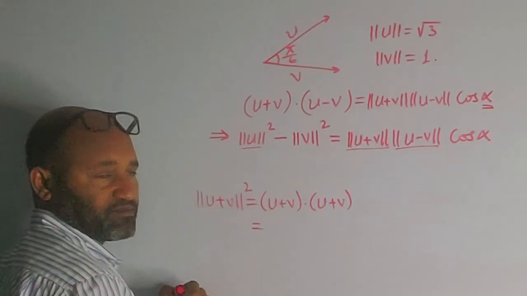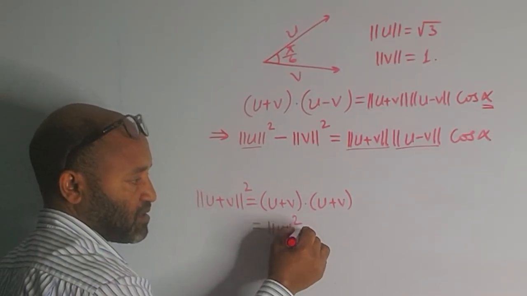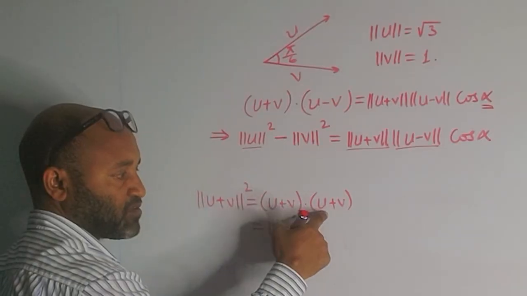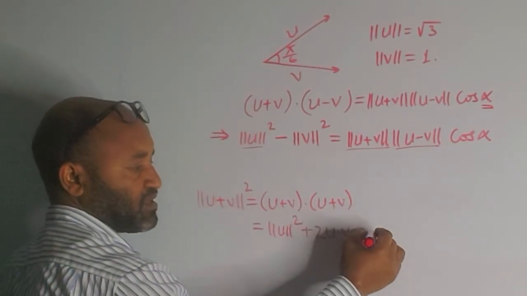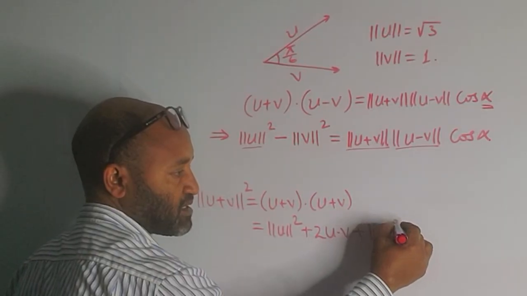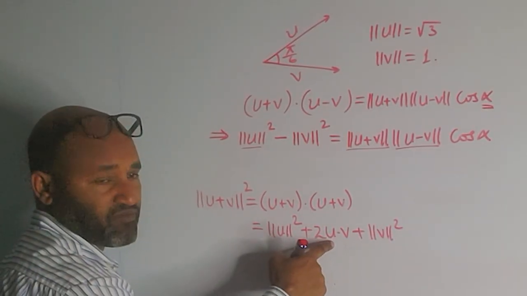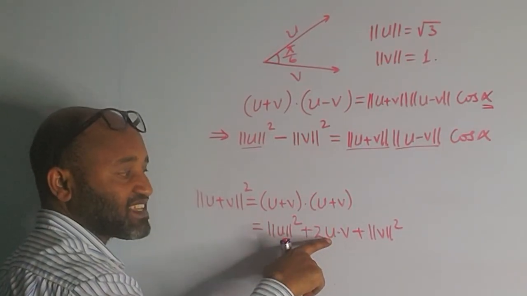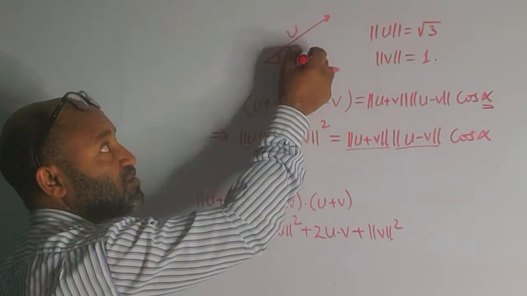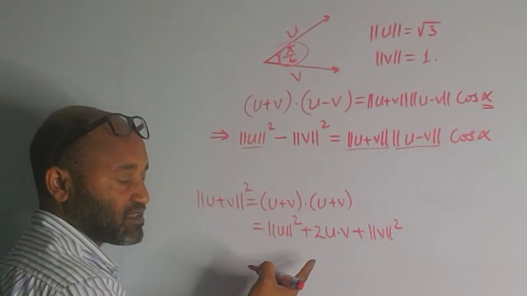Is equal to u dot u, magnitude of u square, plus u dot v, v dot u, 2 times u dot v, plus v dot v, magnitude of v square. Now what's u dot v? Magnitude of u, magnitude of v, cos the angle between the two. Here you have pi over 6, cos pi over 6.